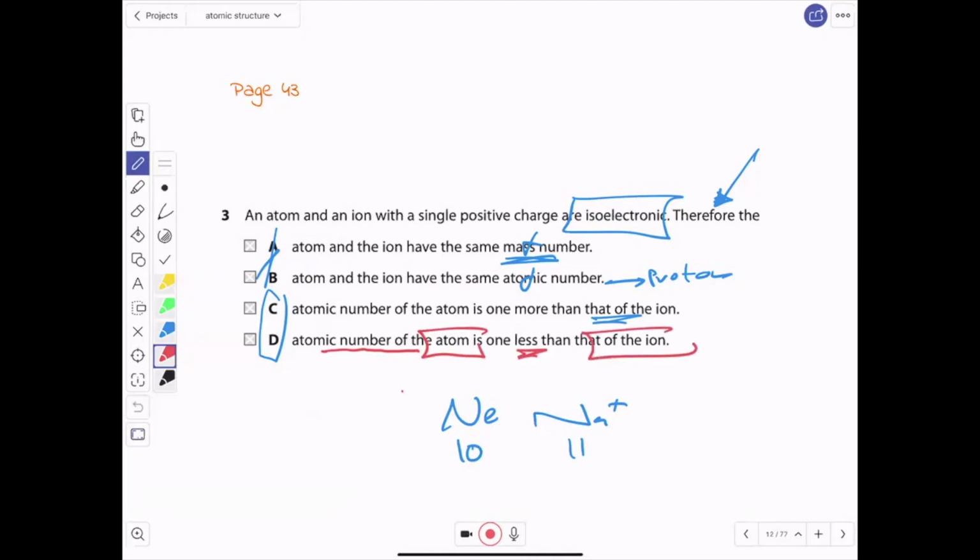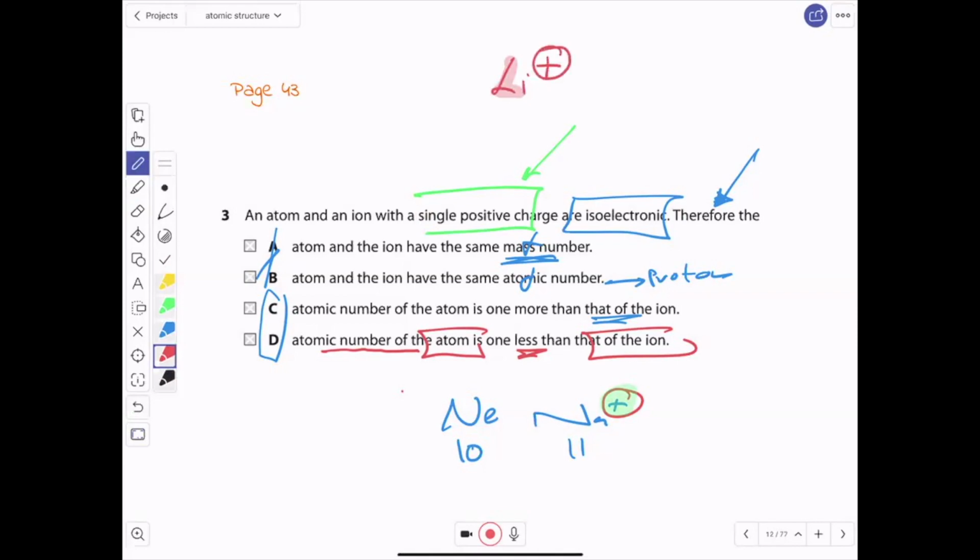Again, why did I use sodium as an example? Because the question says single positive charge. So since they said single positive charge, this means I have to pick a member of group number 1. I could try lithium. So lithium is +1.